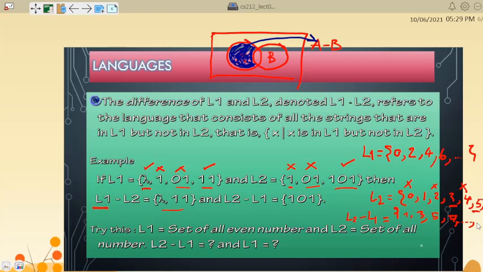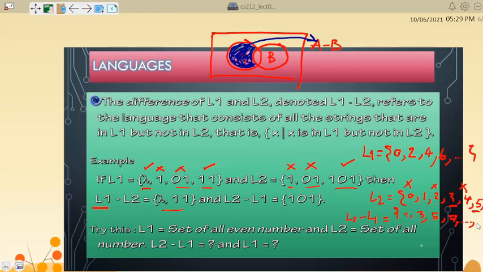3 is in L2 but not in L1. 4 is in L2 and L1, so we don't take it. Then 5 is only in L2, so we take 5. 6 is in L2 and also in L1, so we don't take it. And 7 is just in L2 but not in L1.